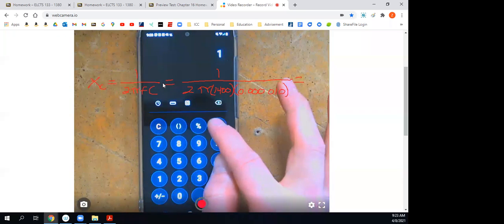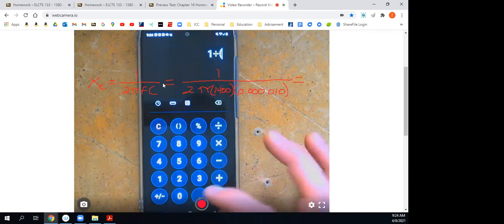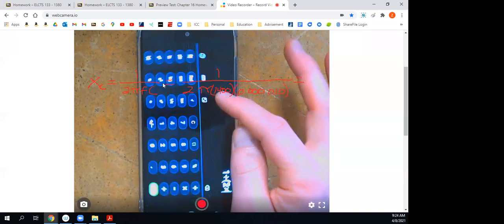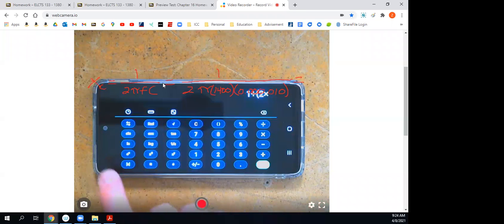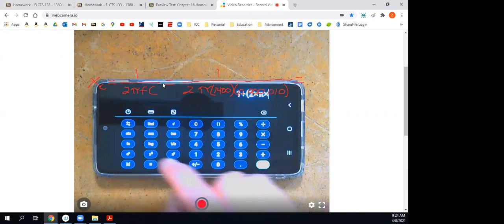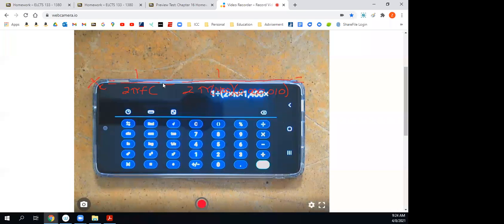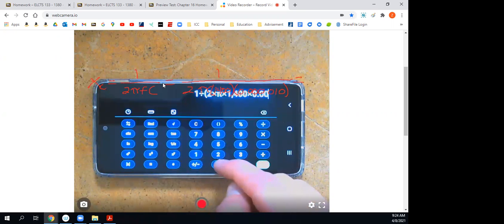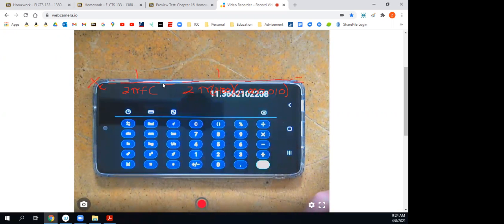One divided by, and for me, I'm doing parentheses, 2 times pi times 1400 times 0.000001, parentheses, equals 11.4.